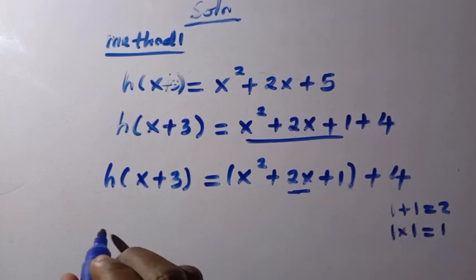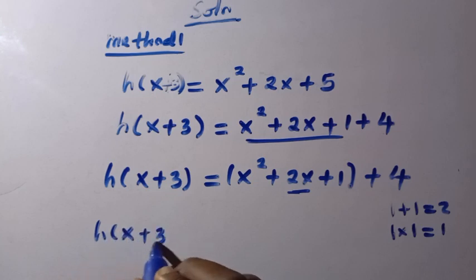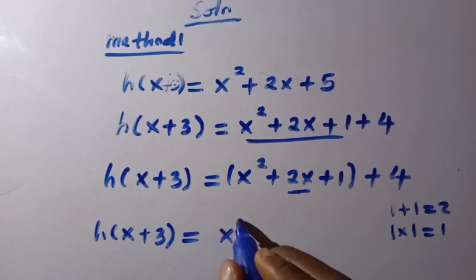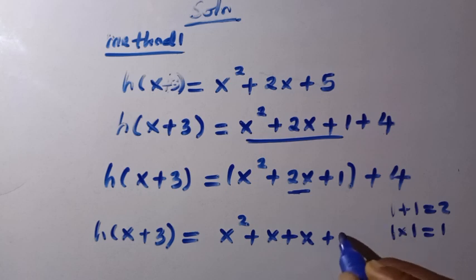So h of x plus 3 equals x squared plus, instead of that 2x, we change it to x plus x, since it has x as a variable, then plus 1 times 1, that is 1. We bracket this, and here is plus 4.